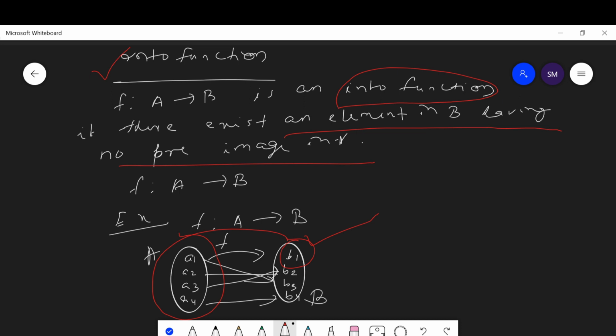Just recall what an onto function is: each and every element of set B must have a pre-image in set A. Here, in an into function, at least one element is left over which does not have any pre-image in set A. Okay. Now students, today this much.